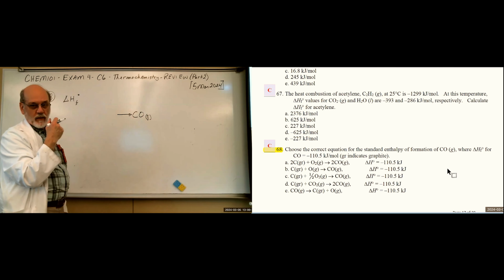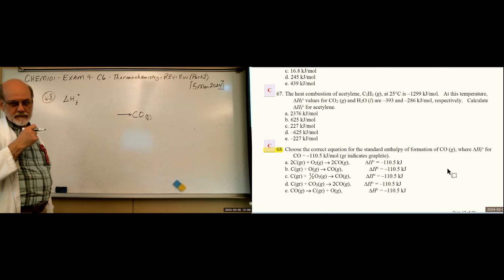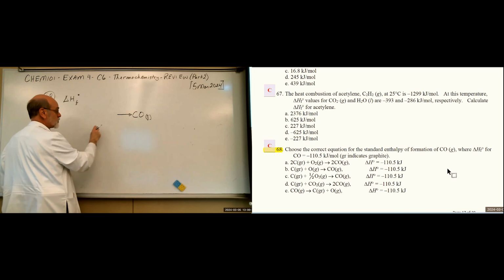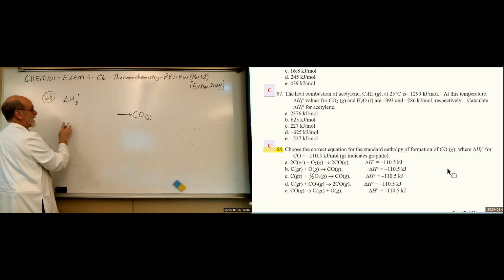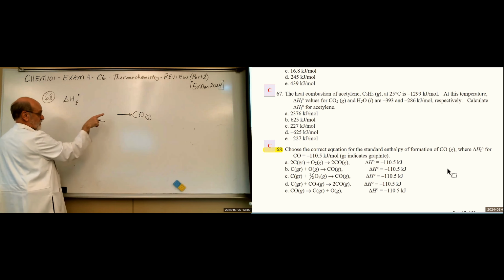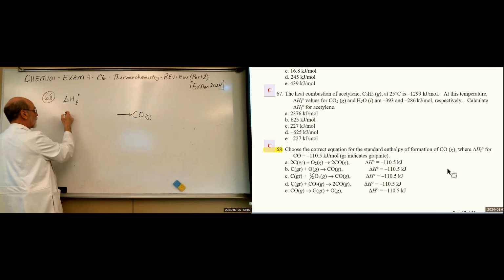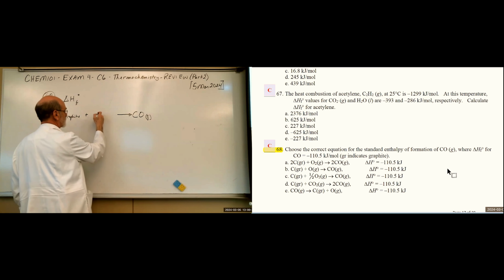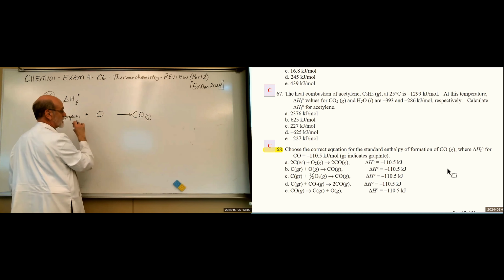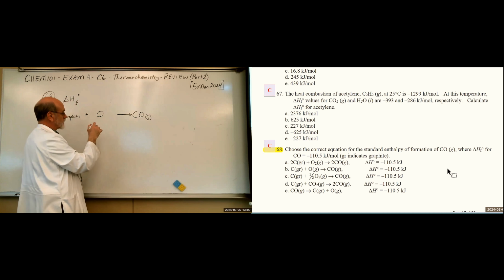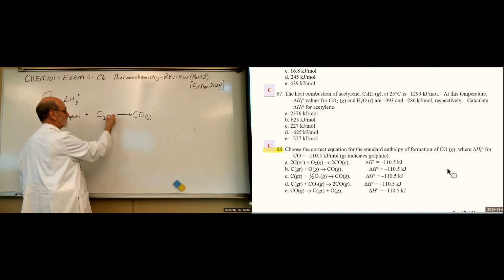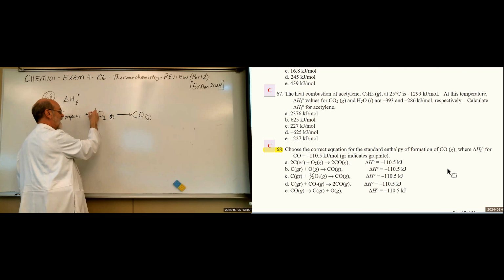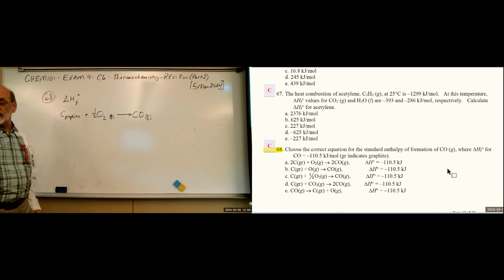Then you work your way backwards to the individual elements under their standard conditions. The standard for carbon is graphite. And elemental oxygen under those conditions is actually diatomic, so we have to take half of that to give us 1 oxygen.